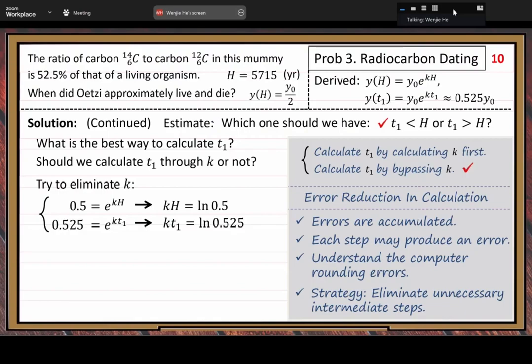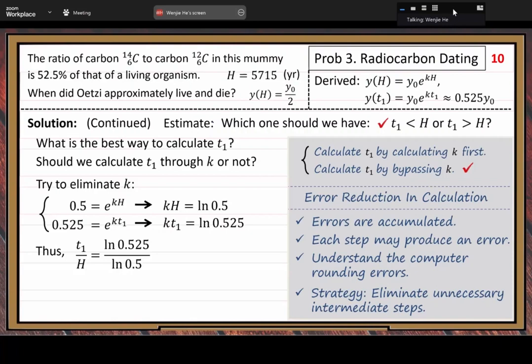Now, can you see how to cancel K? It's easy, right? Do division between these two equations. Do division directly, the top one over the bottom one. K is gone, right? After we cancel out little k, we have T1 over capital H equals the ratio of these two natural log numbers.